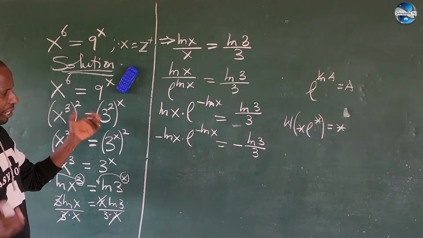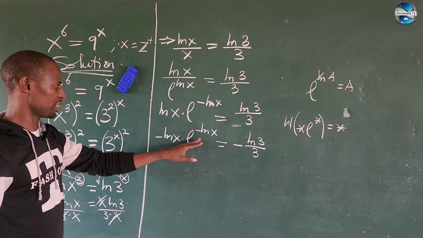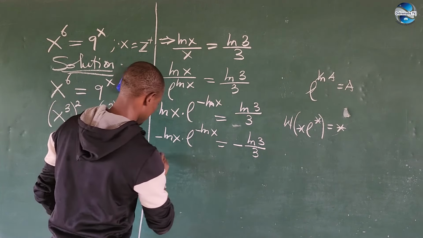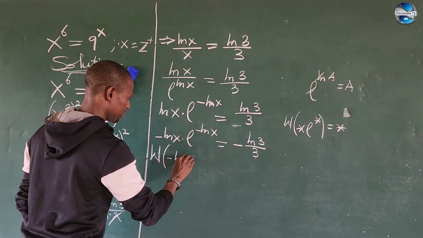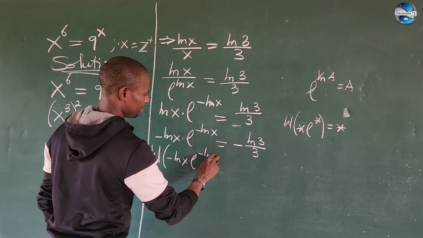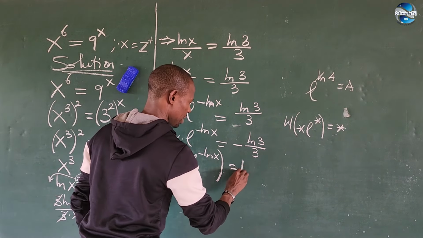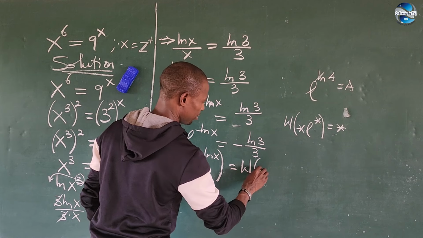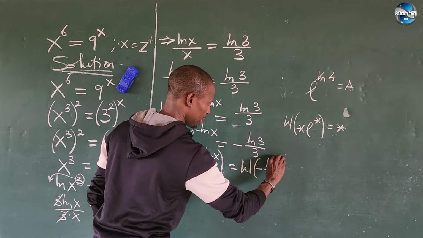Good. So from here, we can now evoke our Lambert W function on this system. Let's take the Lambert W function of minus ln of x dot e to the power of minus ln of x, close bracket, equal to the Lambert W function of minus ln of 3 all over 3, close bracket.